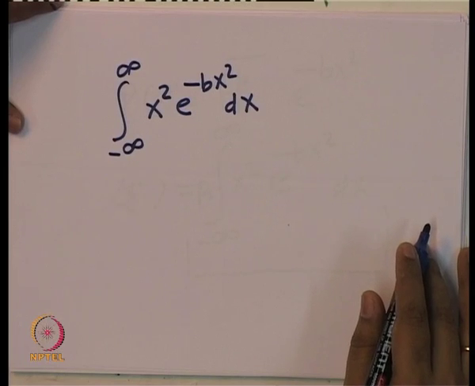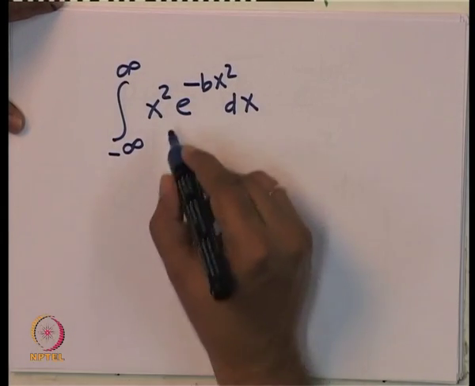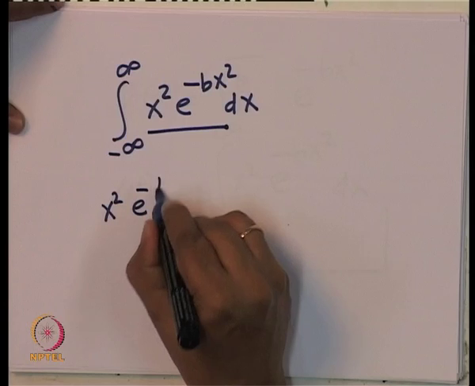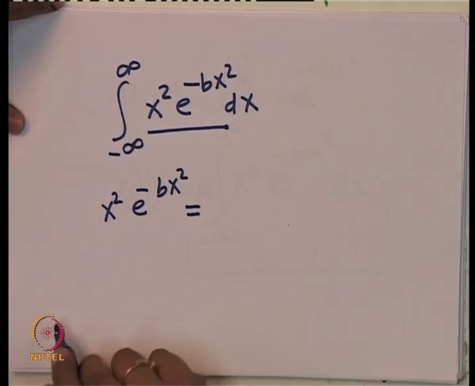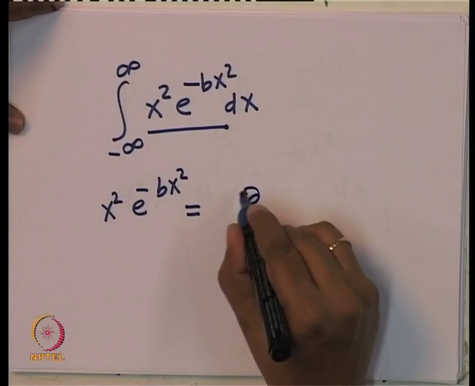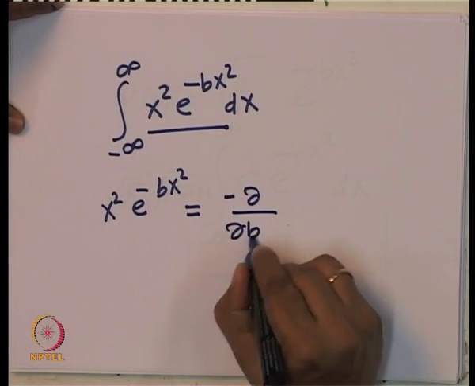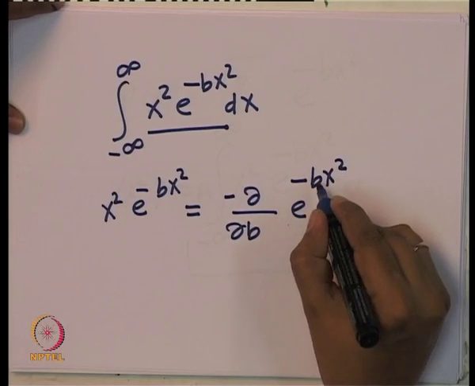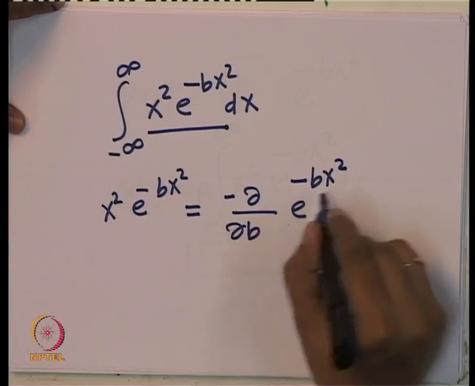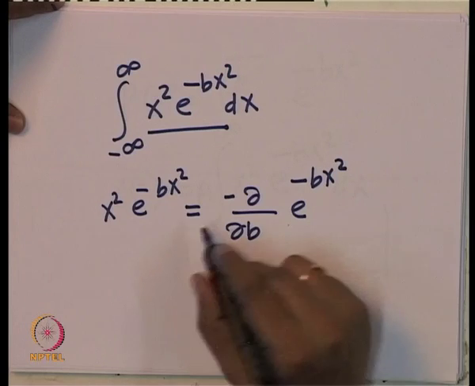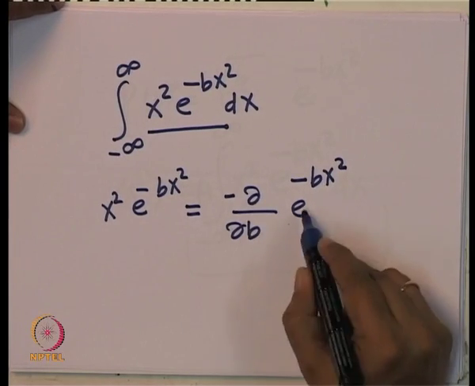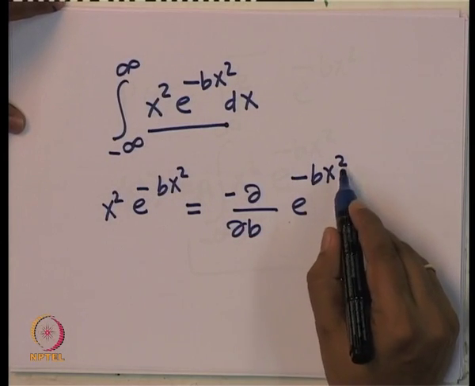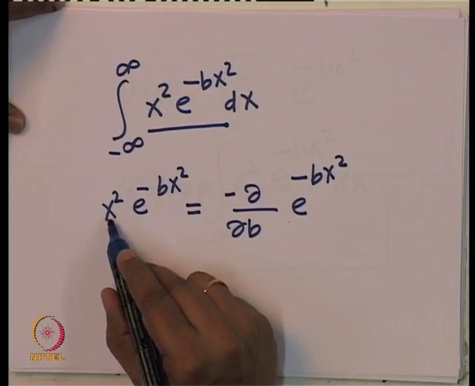To do this, we do a standard trick, which is we can write this particular function x square e power minus b x square as minus del by del b of e power minus b x square. If you find the derivative with respect to b and multiply with a minus sign, you indeed get this. del by del b of e power minus b x square is e power minus b x square times the derivative of the exponent, which is x square, with a minus sign.